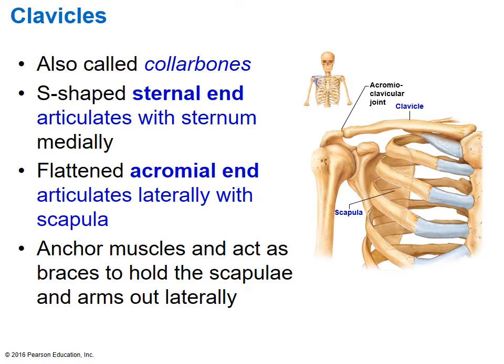And I need to be able to identify the notable structures of the sternal end and the acromial end. The sternal end will be the part of the clavicle that connects to the sternum, our breastplate, and the acromial end will be connecting to the scapula, which is our shoulder blade in the back. So let's see if we can go ahead and identify those particular sections on our clavicle.